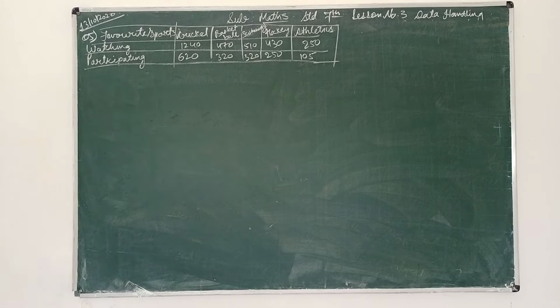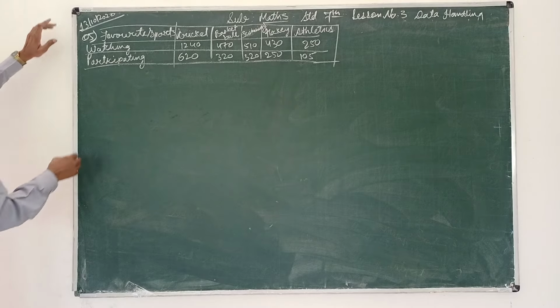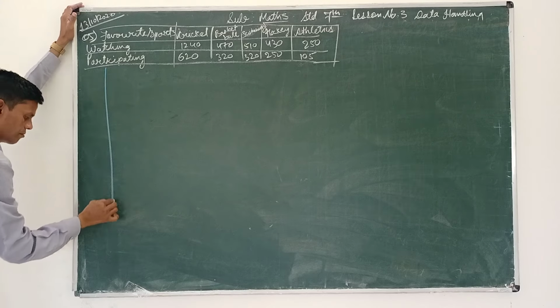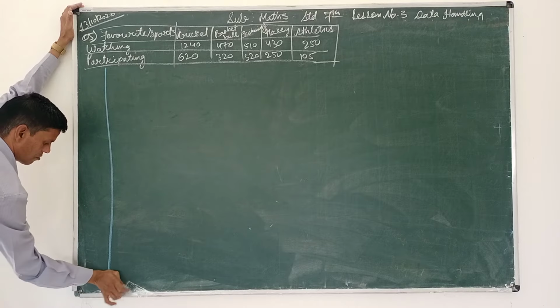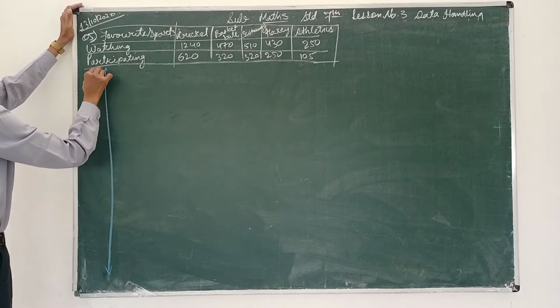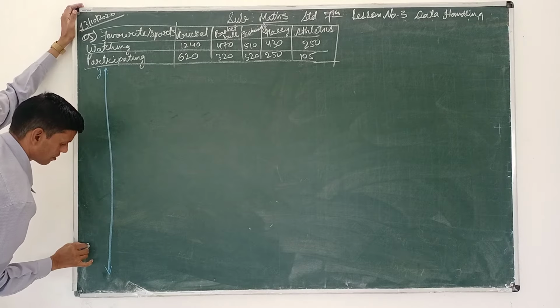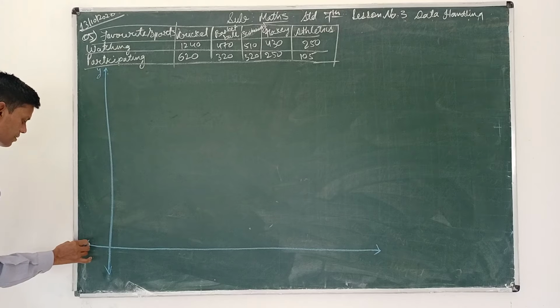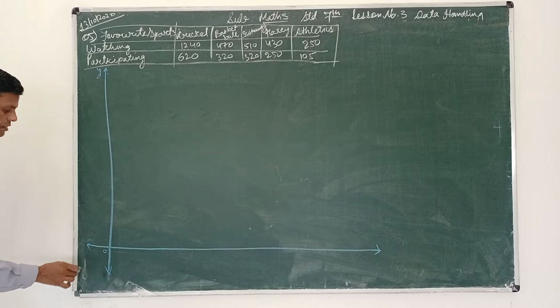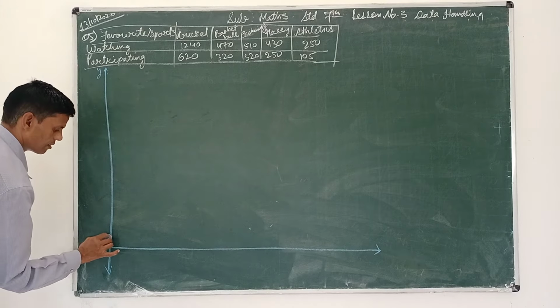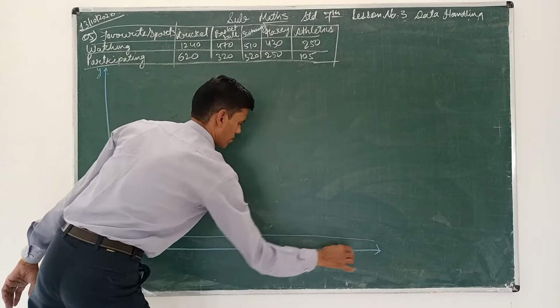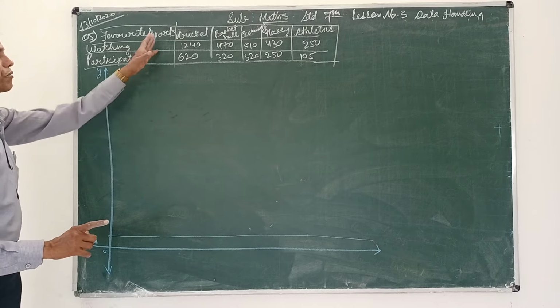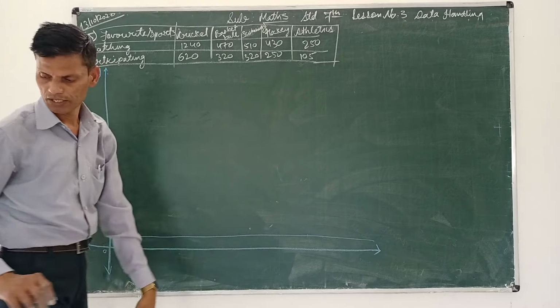Again, we need to draw this. This is y-axis here, x-axis, intersection is 0. We have to again draw the twin 1, 2, 3, 4, 5. Okay.